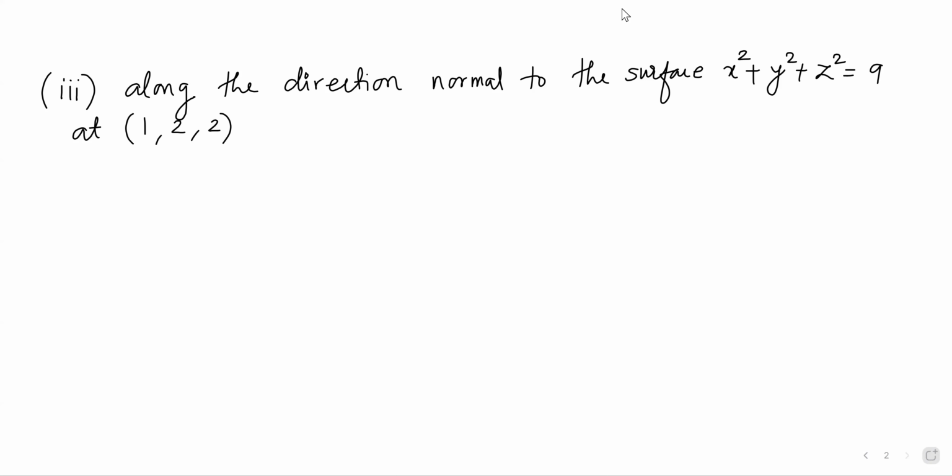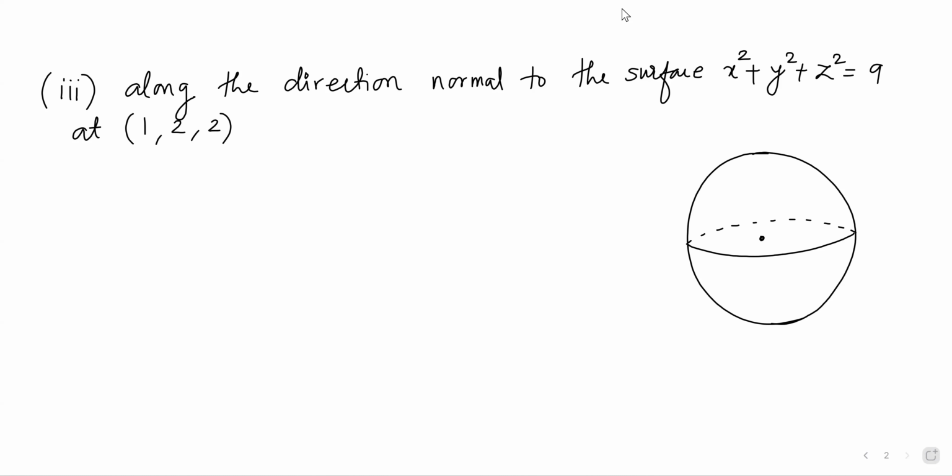Okay, so what we have is del phi along the direction normal to the surface. Now what is the surface? You can see that this is your sphere, correct? So the equation of this sphere is x square plus y square plus z square equal to 9.